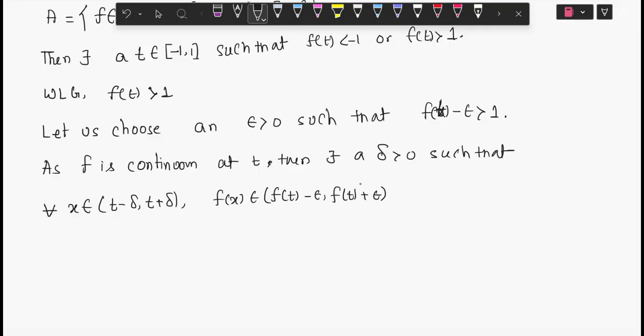That is because of continuity of f at the point t. You can find that.